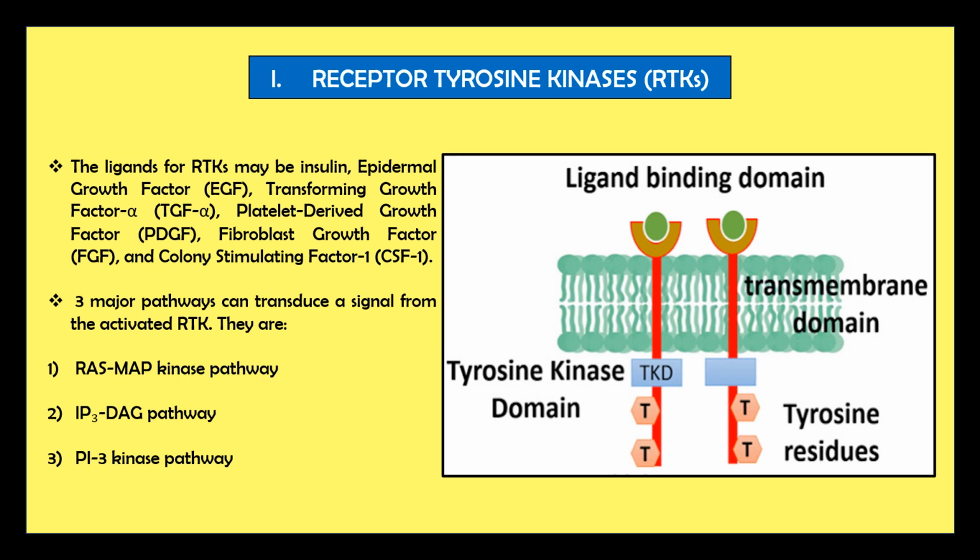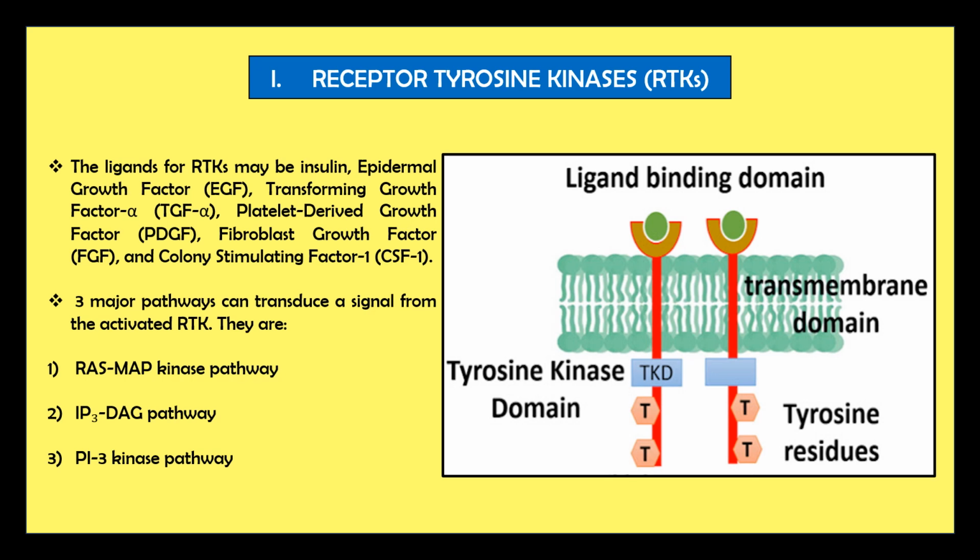Some of these proteins to which it will attach, or in those pathways, can also play a major role, like GTPase activating protein, that is GAP, phospholipase C gamma, that is PLC gamma, and SRC like non-receptor protein tyrosine kinases.